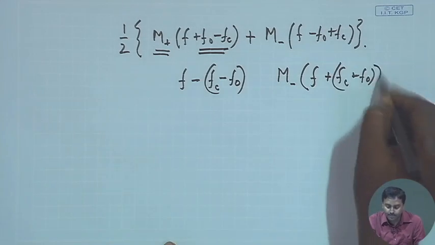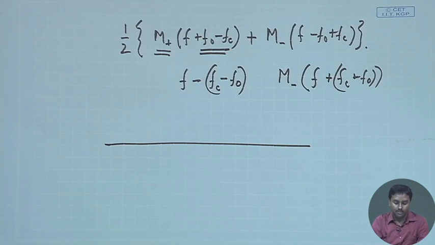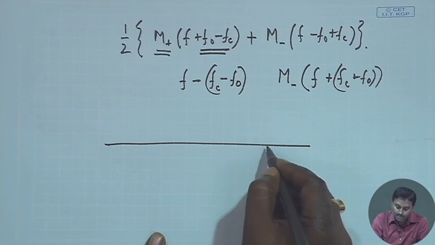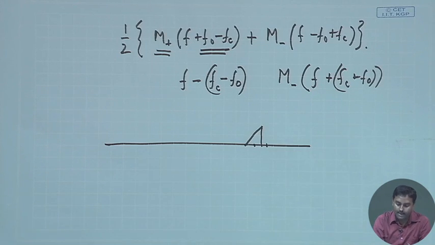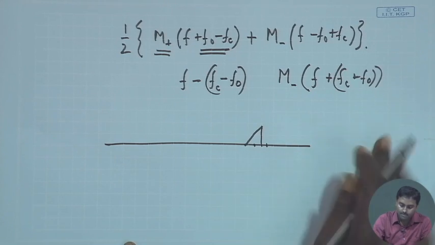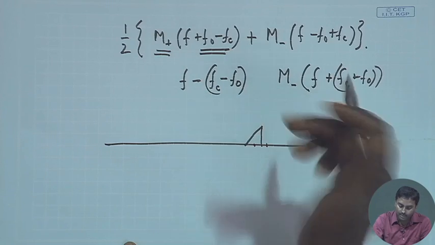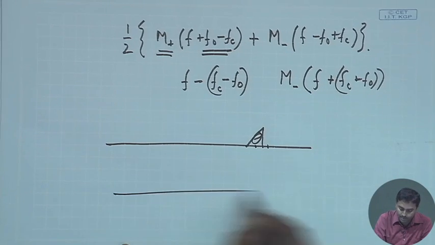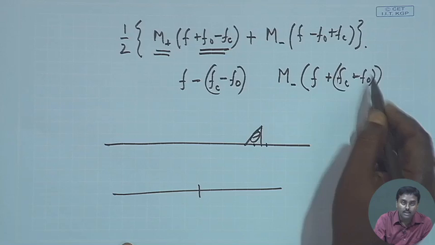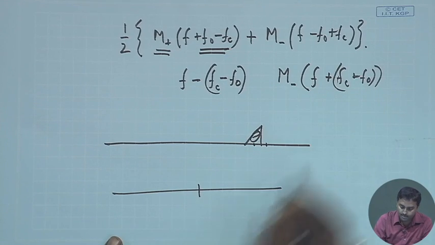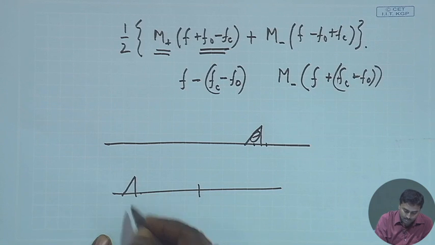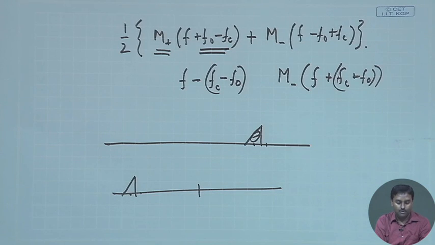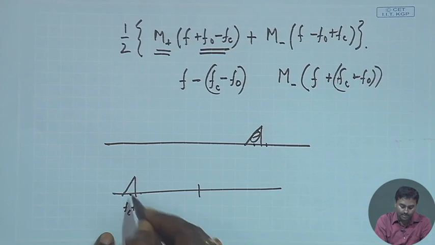So, the m minus part, which is that lower part, is centered at Fc plus f0, right. So, that should be m minus Fc plus f0. So, this is where it comes, this becomes the Fc plus f0, the center part.